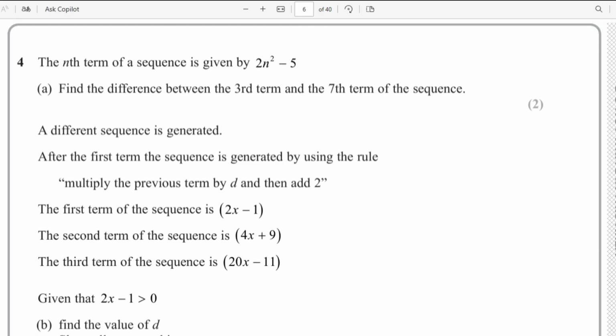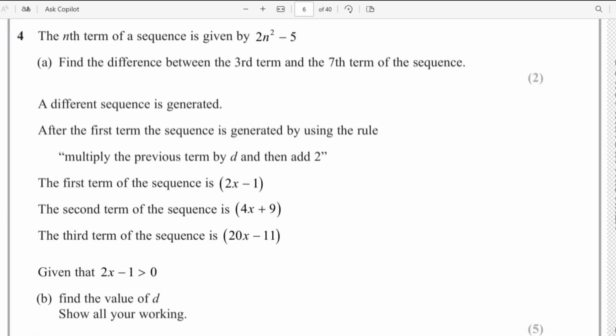Now, this question does not mention if this series is an arithmetic sequence or a geometric sequence. So we cannot work with any of those formulas. We'll just have to rely on the information given. The question states that after the first term, the sequence is generated by using the rule multiply the previous term by d and then add 2.